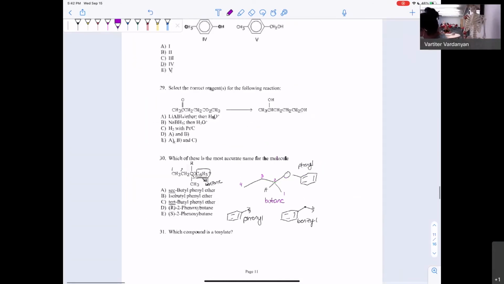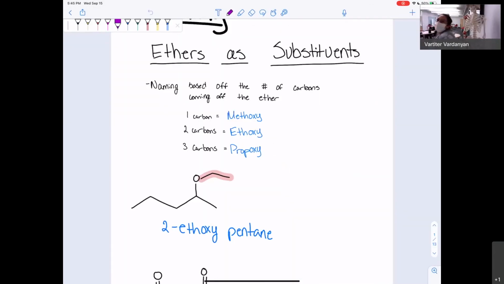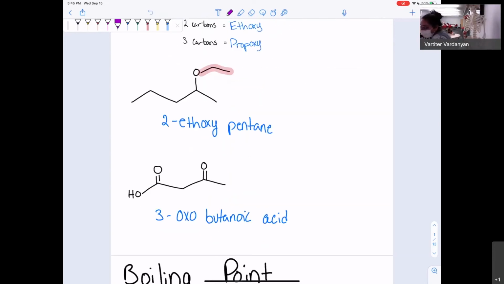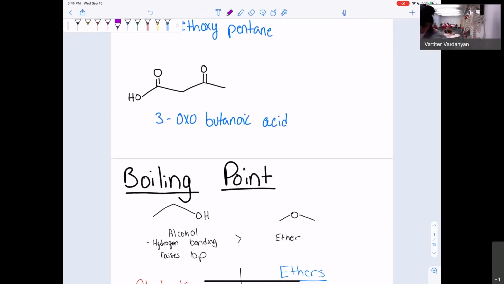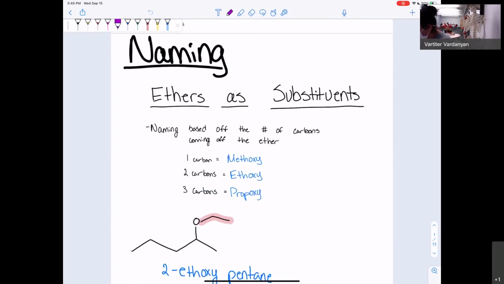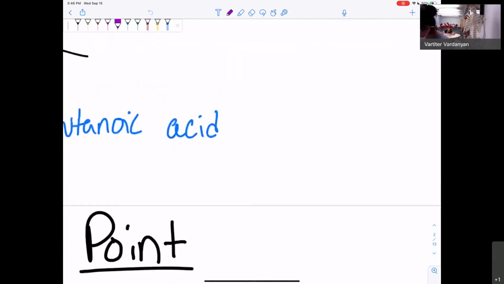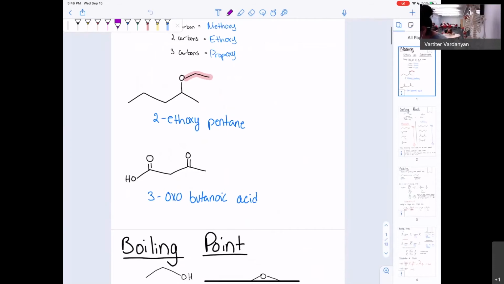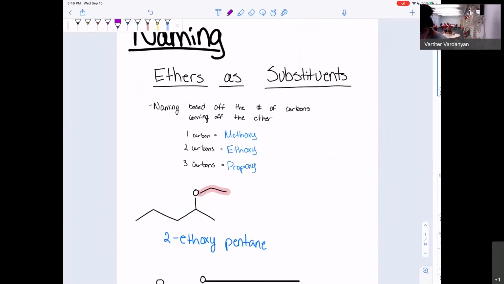All right. Well, in that case, we're going to take a detour. So naming ethers is super straightforward, honestly, in my opinion. So if we have ethers as the main chain, before I do that, I'll go back one second. I just want to add a page.